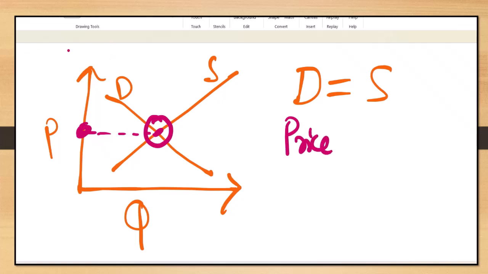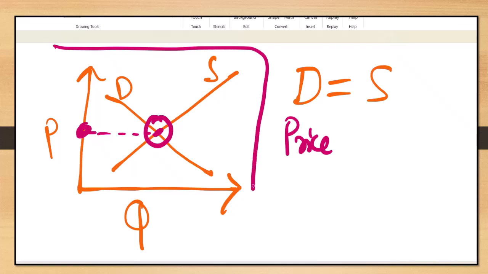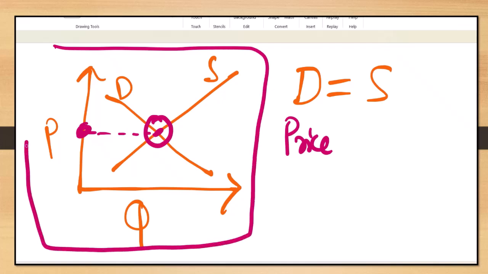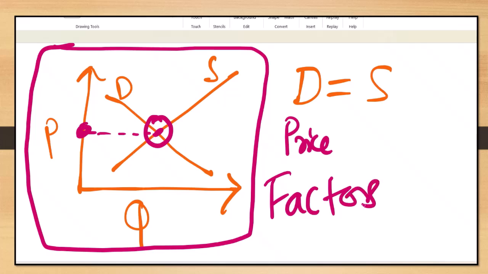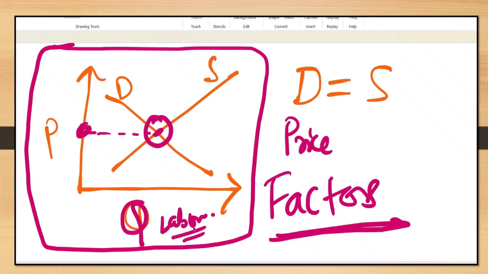Now this graph, this price mechanism, is not only for the goods and services which we consume, the final goods and services. This is also applicable for the factors. As I said, the four factors of production: land, labor, capital, entrepreneur. For factors also this is applicable. How come? Suppose in the factors, we keep labor. That means how much labor is demanded and how much labor is to be supplied.